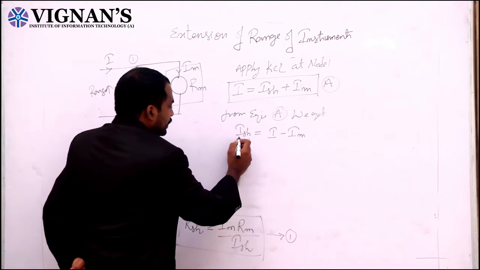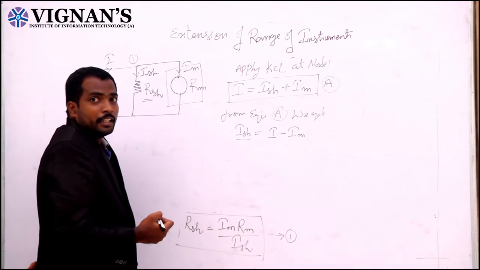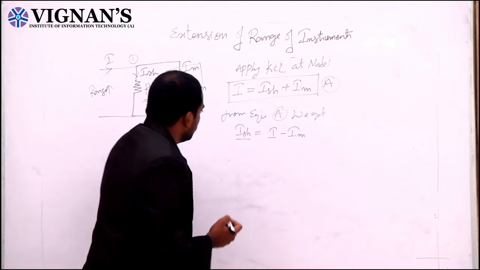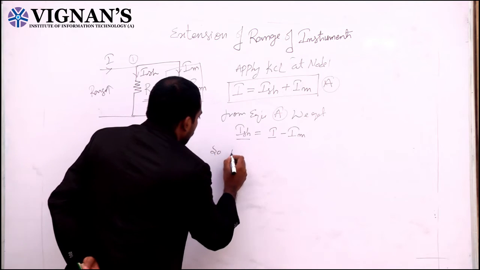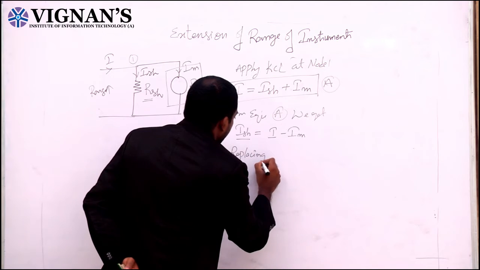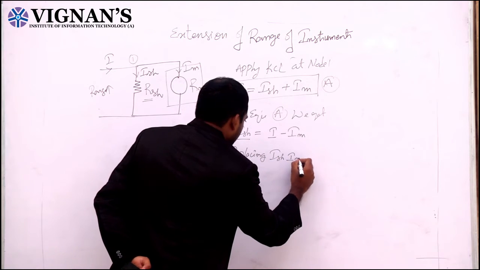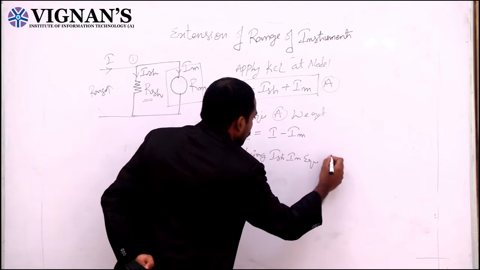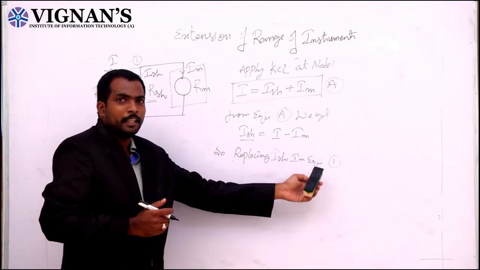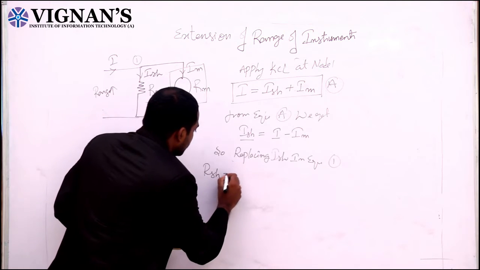Now we will replace the shunt current ISH in equation 1. What is equation 1 here?